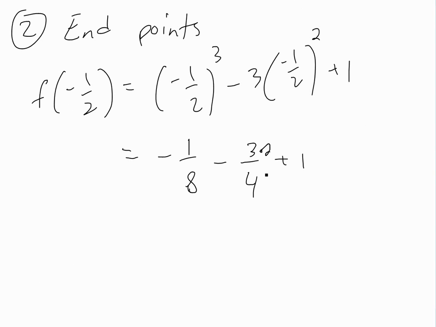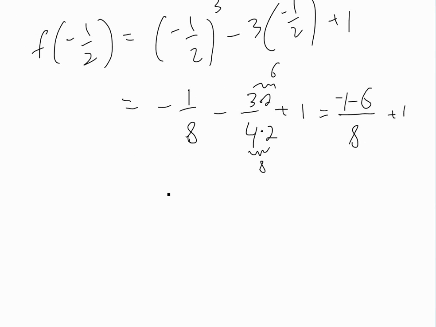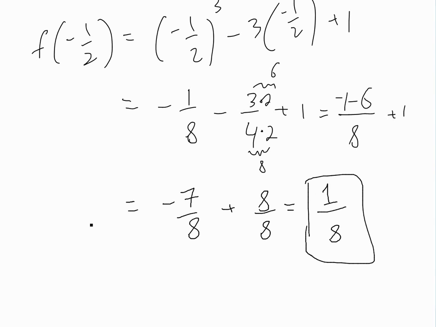Now for a common denominator, we multiply by 2 on top and bottom, so this one is 6 over 8. Then we can add these up: -1 minus 6 over 8 plus 1, so -7/8 plus 8/8, which equals 1/8. So that's one endpoint value.